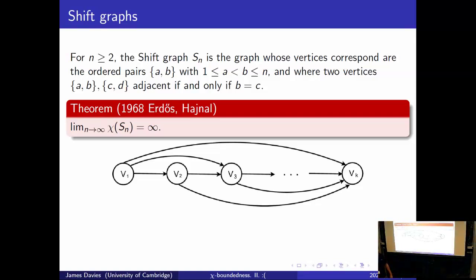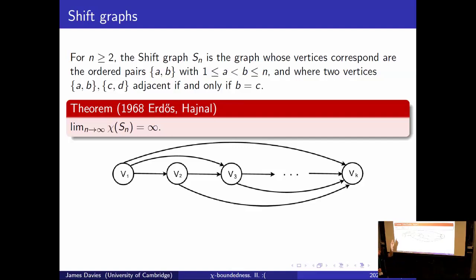And then AB is adjacent to CD if B is equal to C. So if you view this as a line graph of a transitive tournament, vertices correspond to these directed edges, and they're adjacent if the one going in is going into the tail of another edge. So shift graphs are essentially line graphs of directed transitive tournaments, and you can generalize this to line graphs of any directed graph.